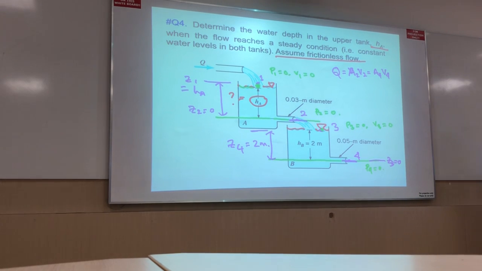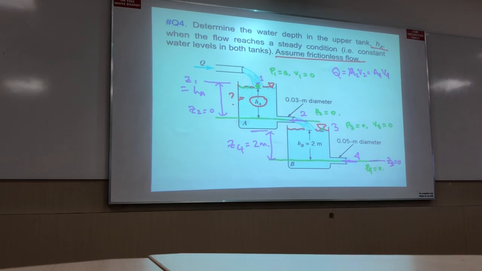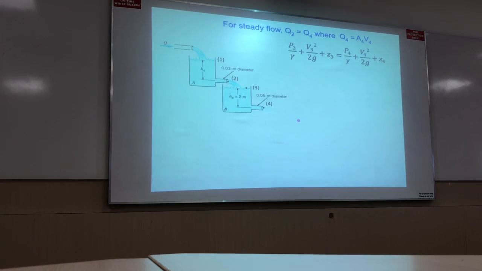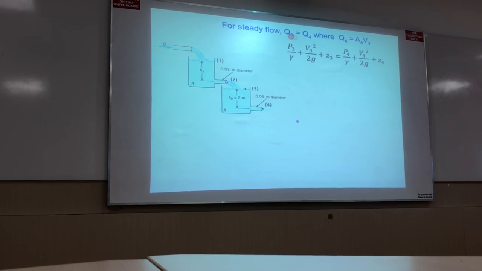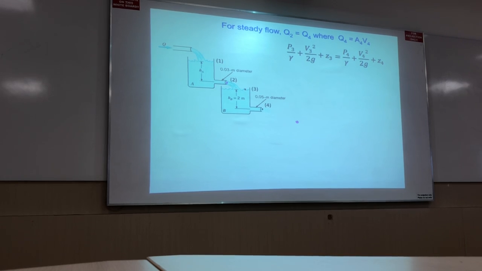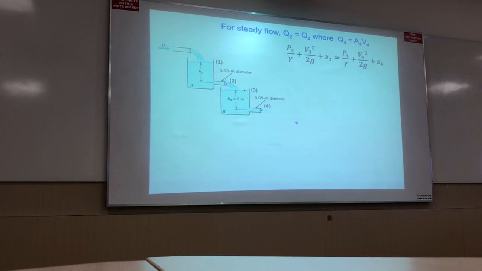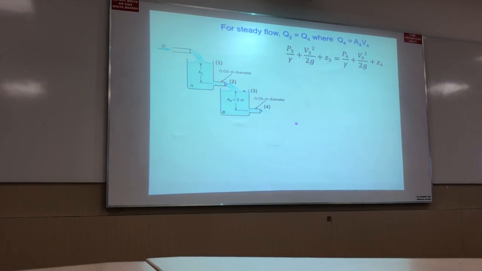Now, I can write the Bernoulli's equation between 3 and 4: P3 by gamma, V3 square by 2g, Z3, equals P4 by gamma, V4 square by 2g, Z4.